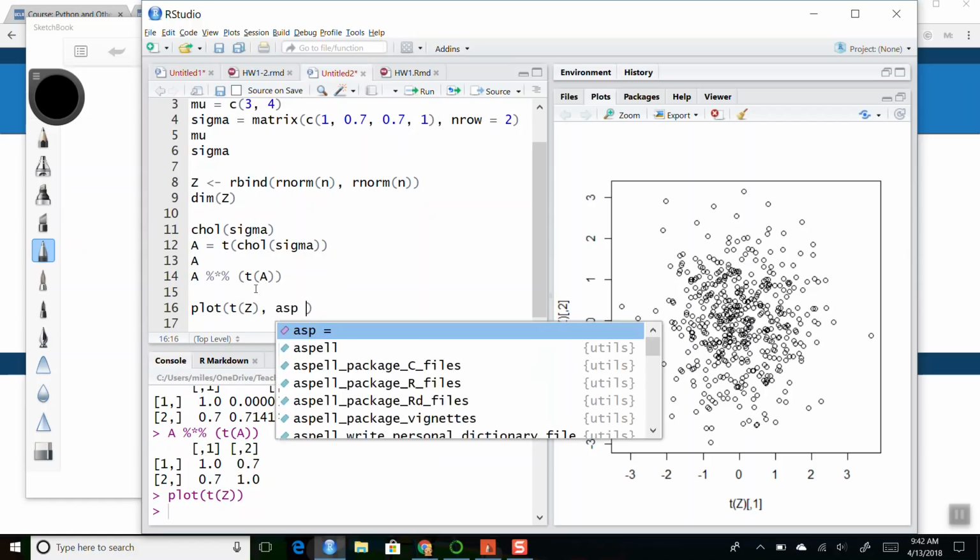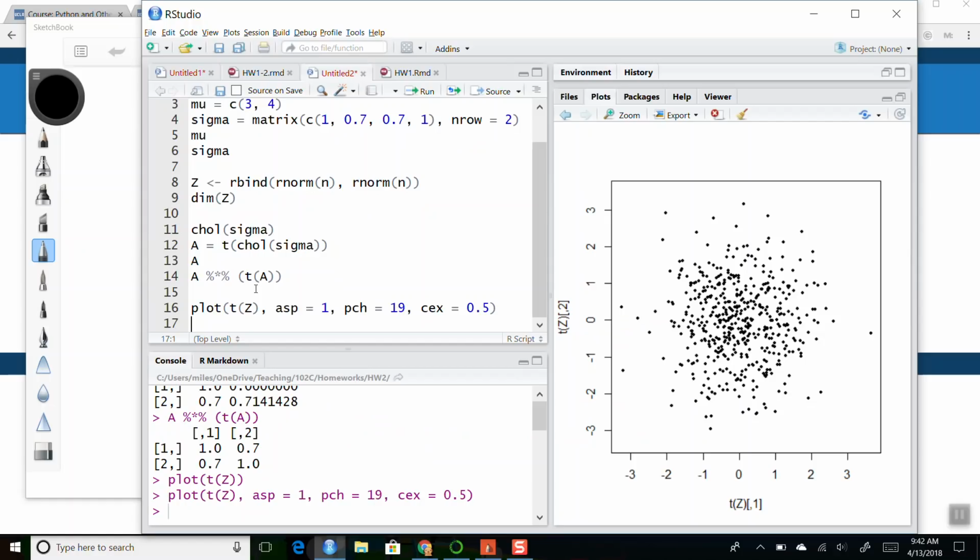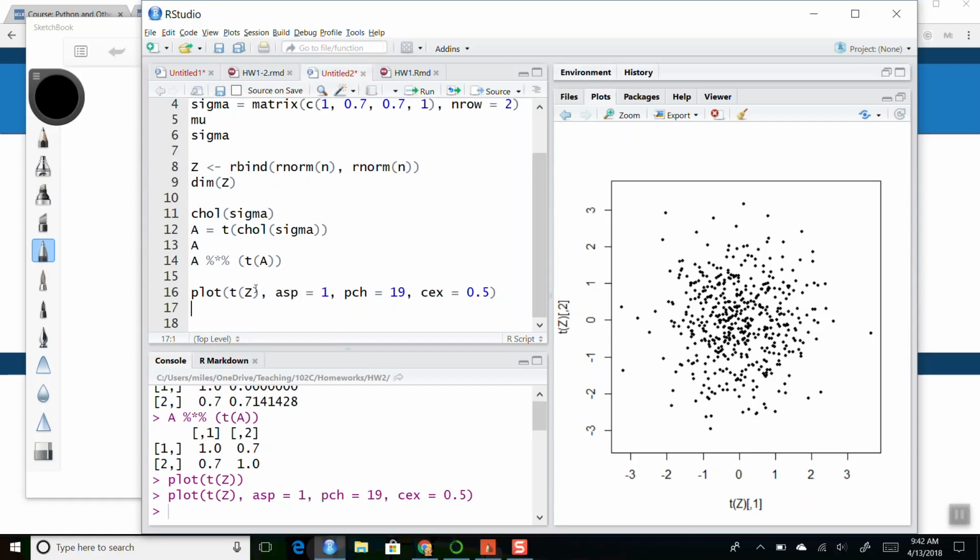Let me do aspect ratio 1, pch equals 19, and I'm going to make our points a little bit smaller. Okay, so this is what we have right now. If I've got this sigma matrix, what should our plot look like?